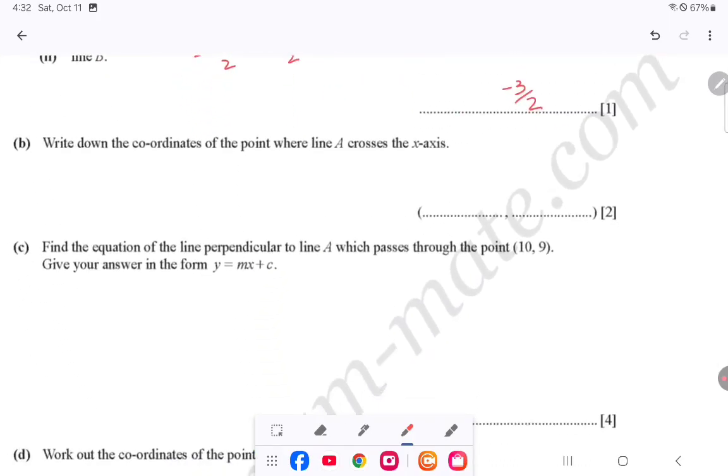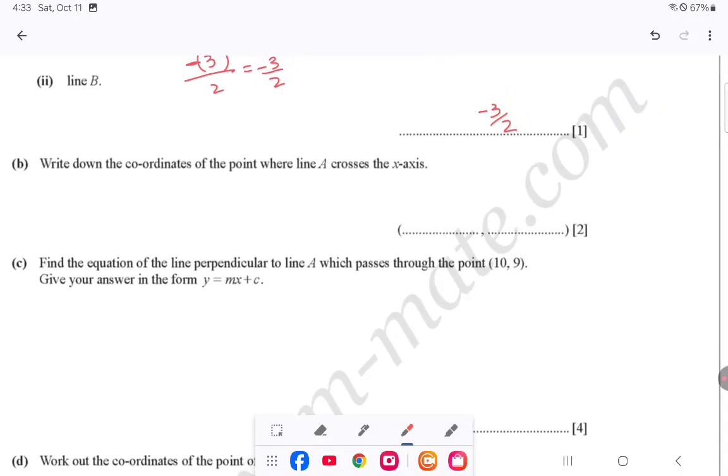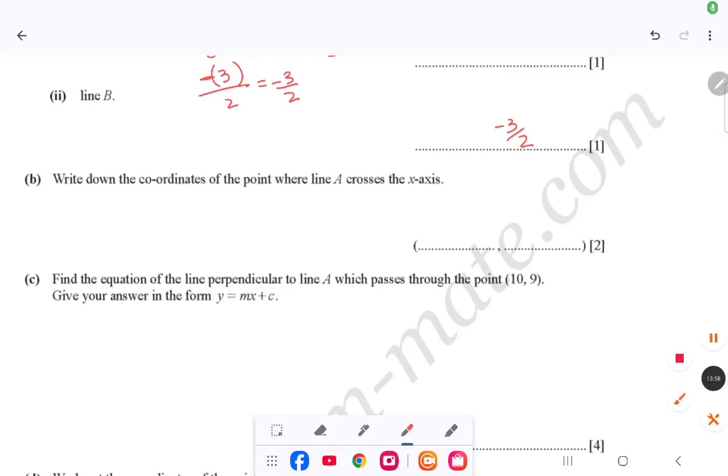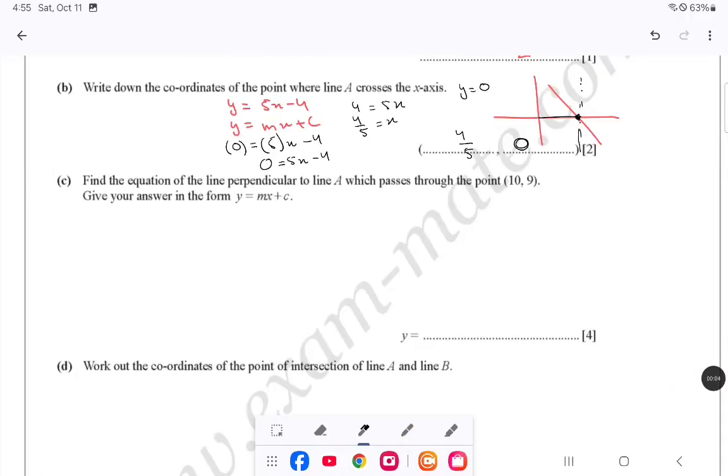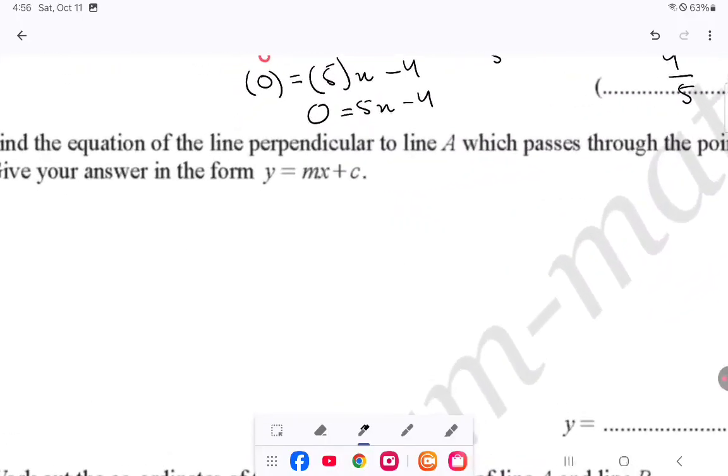Write down the coordinates of the point where line A crosses the x-axis. Now understand what this part is saying. The question is saying find the equation of the line perpendicular to line A which passes through the point 10, 9. Give your answer in the form y equals mx plus c. So what are we going to do?